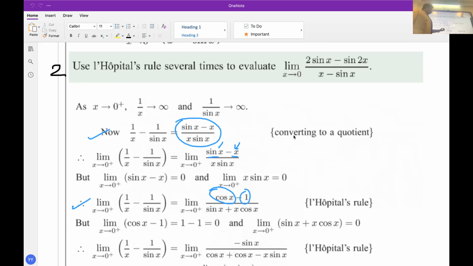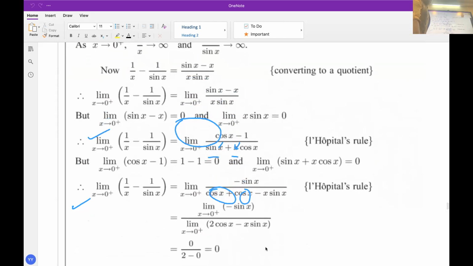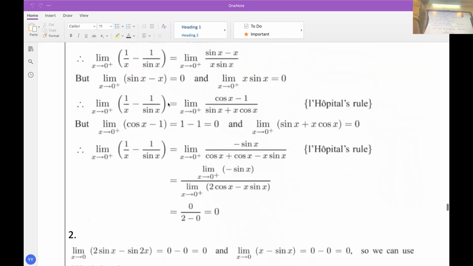Now, once again, you do the derivative on this. The derivative of cos x is negative sin x, and the derivative of 1 is 0, upon the derivative of sin x which is cos x, and for x cos x you apply the product rule and you get this step.